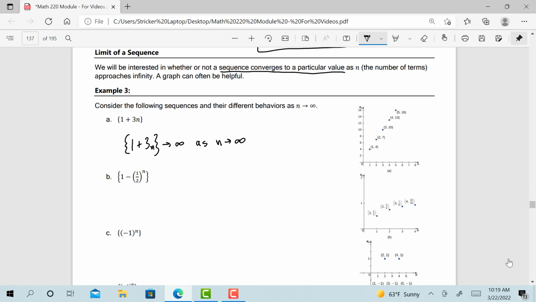If we write out the terms again, this is 1/2, 3/4, 7/8, 15/16. You can see those terms are approaching 1 as n approaches infinity.